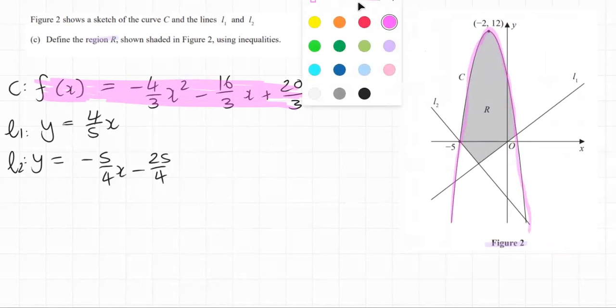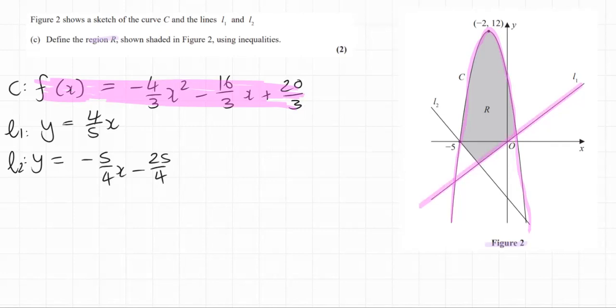Then I've brought forward also L1 and L2. We have all our information here. So we want the area in between all of this, R1. The region in between these three functions. Okay.